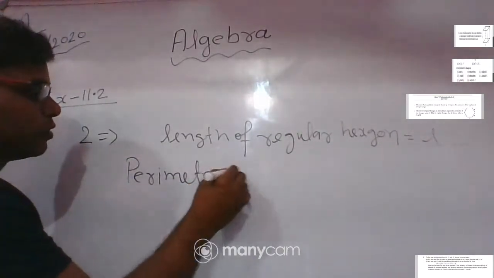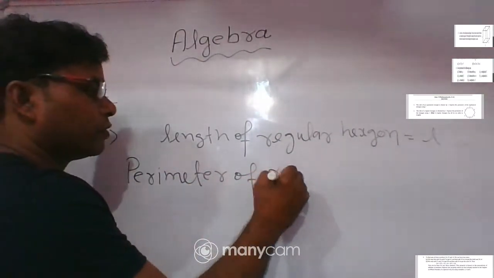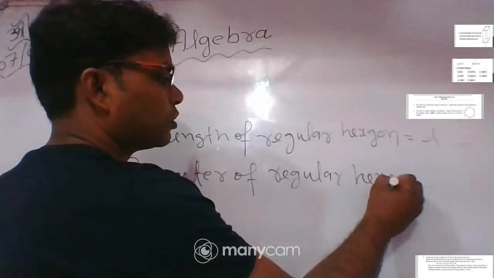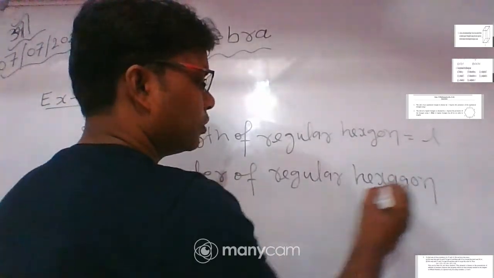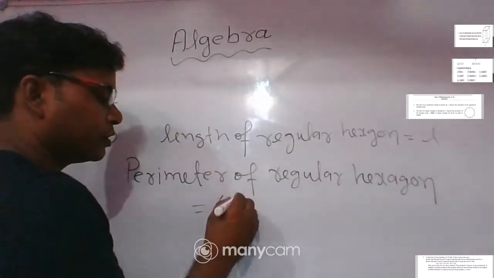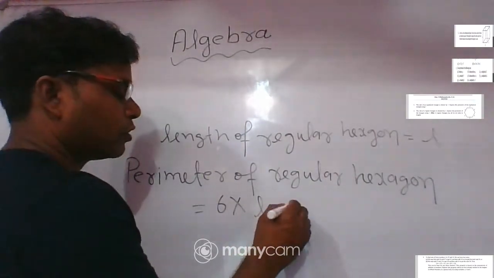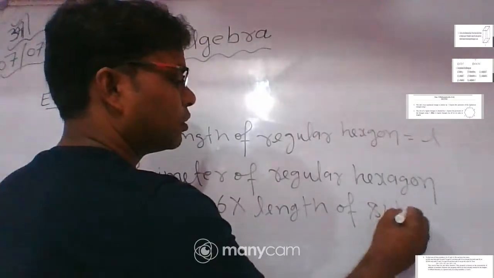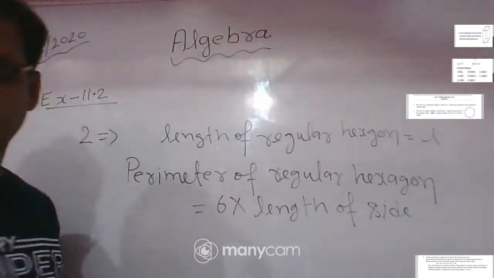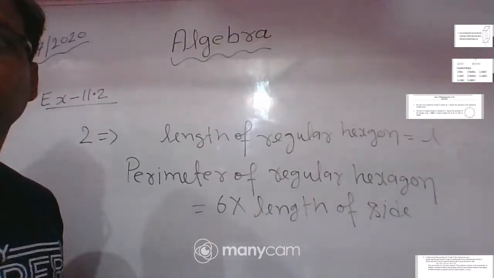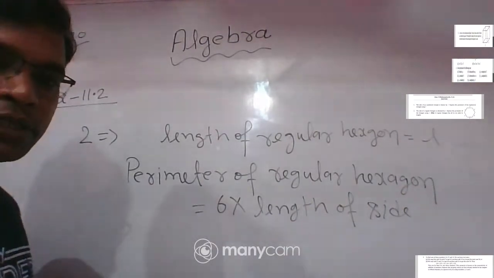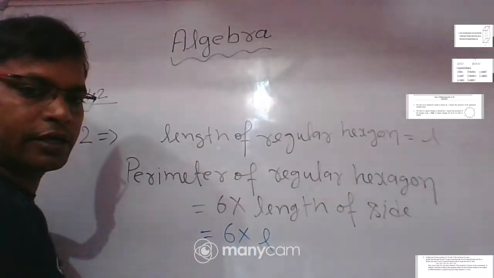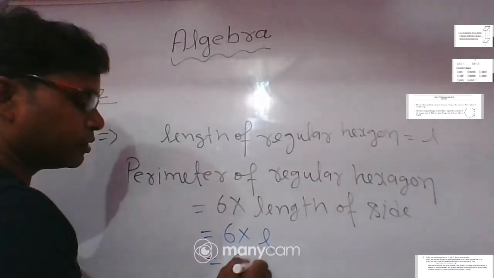Perimeter of regular hexagon is equal to 6 into length of side. Okay. So how many sides in a regular hexagon? Six sides. Here given 6 into L. This is equal to 6L.